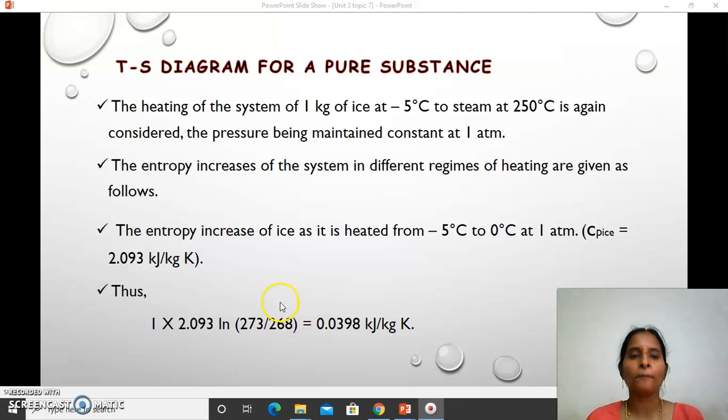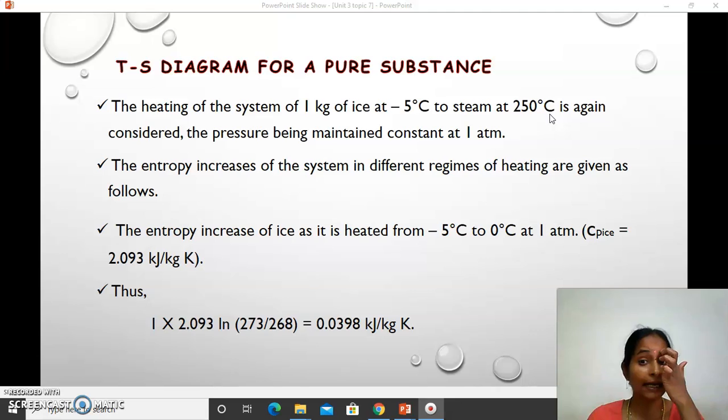And now for drawing the TS diagram for a pure substance, we are going to concentrate on the plots for water only, and for that purpose I am taking 1 kg of ice at minus 5 degrees Celsius which is heated to reach the point of steam at 250 degrees Celsius.